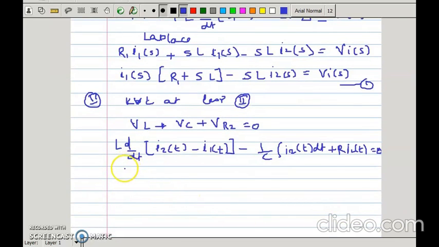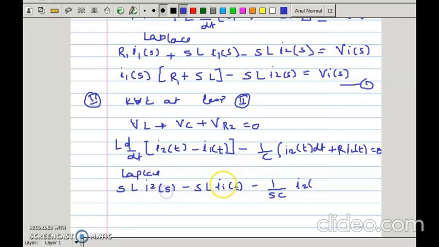Now, can we take the Laplace here? So the Laplace gives SL I2 of s minus SL I1 of s plus 1 upon SC I2 of s, it is not t, it is s. Plus R2 I2 of s equal to 0. Now what is common here?